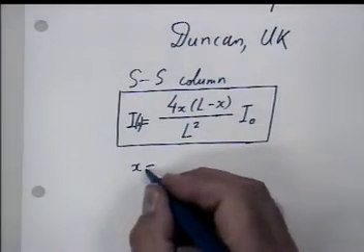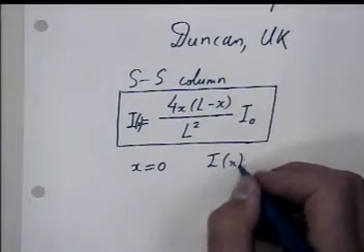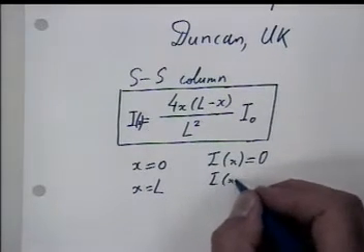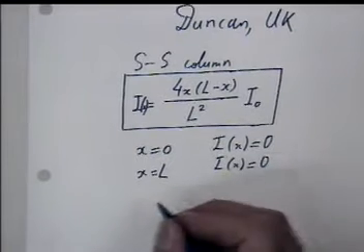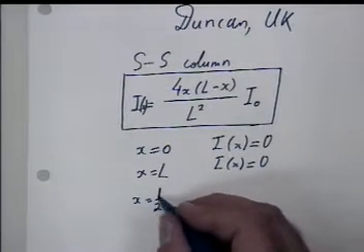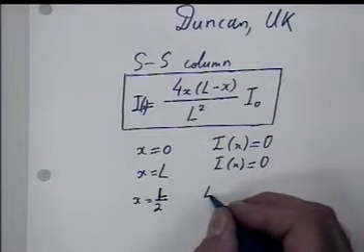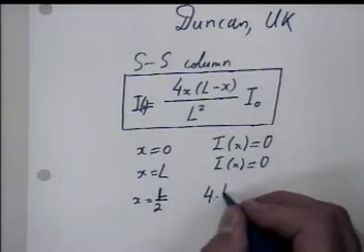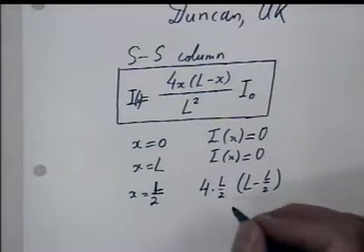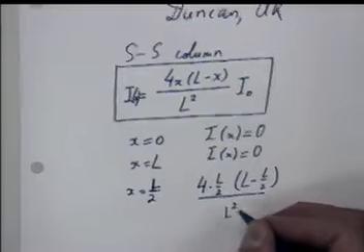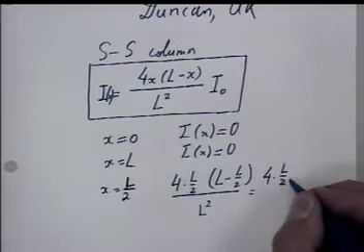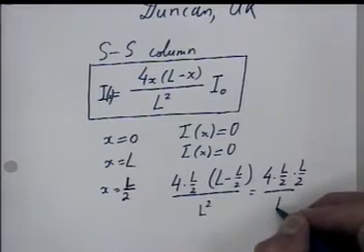That means that when x equals 0, I of x equals 0. When x equals L, I of x equals 0. When x equals L over 2, we get 4 times L over 2 times L minus L over 2, divided by L square, which is 4 times L over 2 times L over 2 divided by L square.